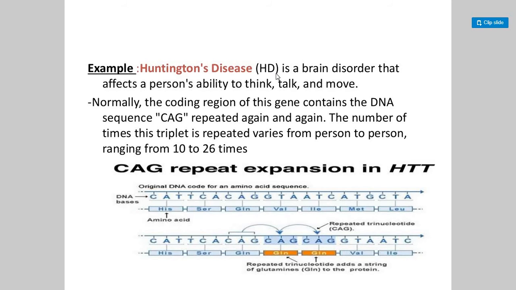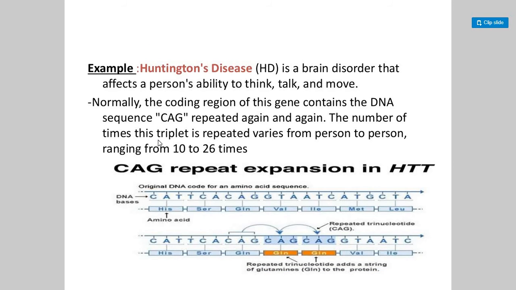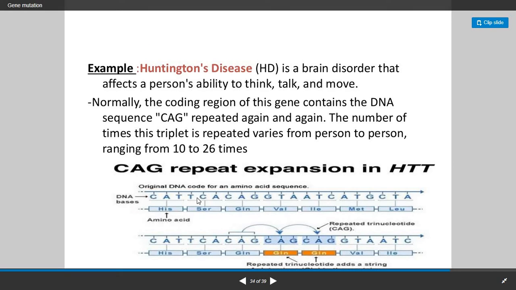The number of times this triplet is repeated varies from person to person, ranging from 10 to 26 times, which means the sequence CAG can repeat 10 times, 12 times, 15 times, 20 times, or 26 times. You can see the original DNA code for an amino acid sequence, then the repeated trinucleotide CAG, repeated 1, 2, then 3 times, and so on.